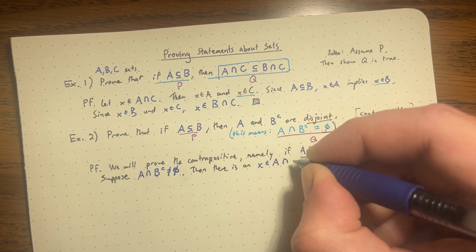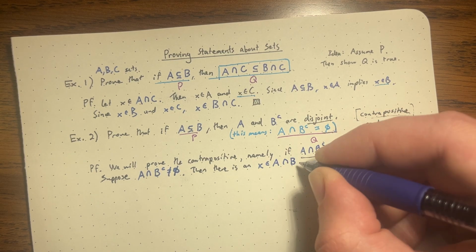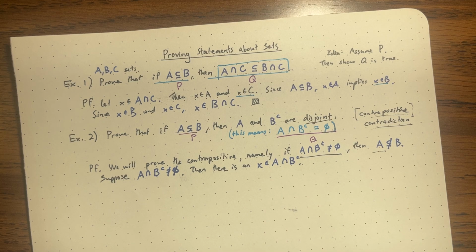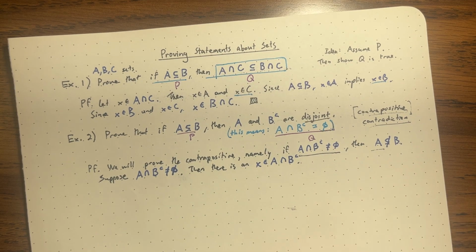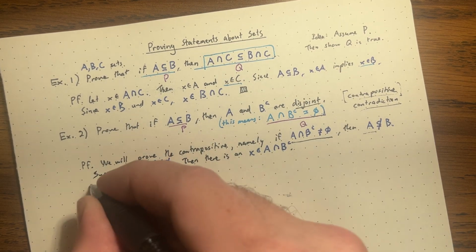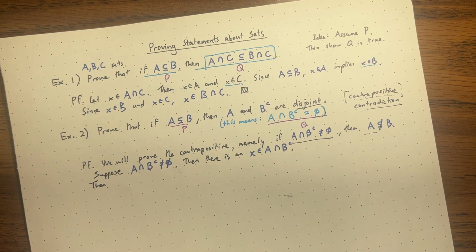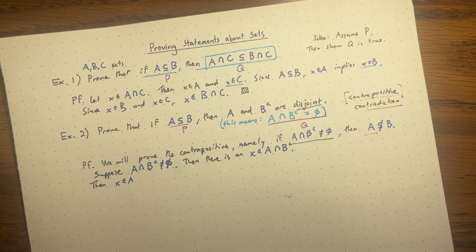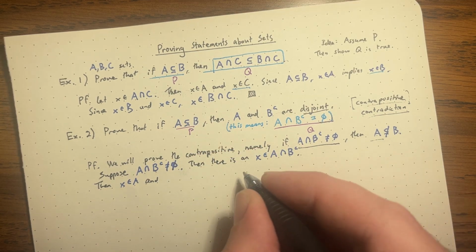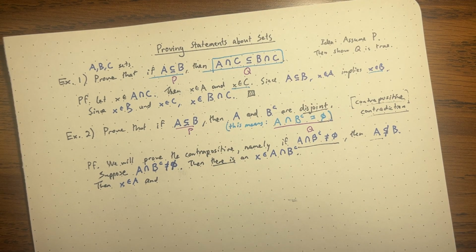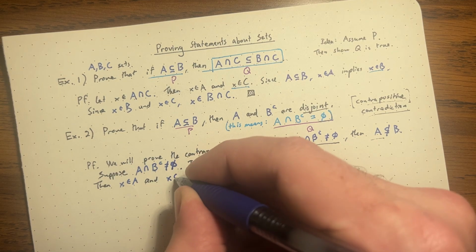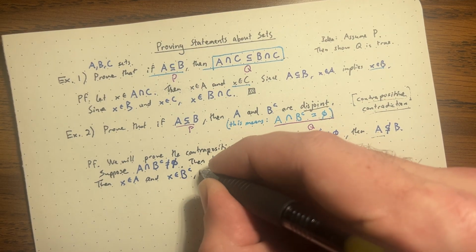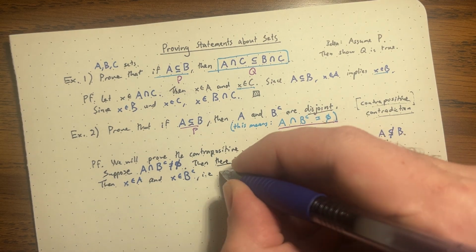in A intersect B complement. And what does it mean? We're just kind of following our nose here. So what does it mean if X is in this? Then X is in A. X is in A. And for this one X, right, there is an X. And X is in B complement, i.e. X is not in B, right?